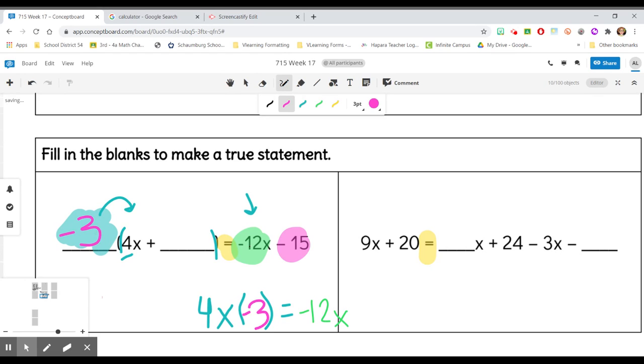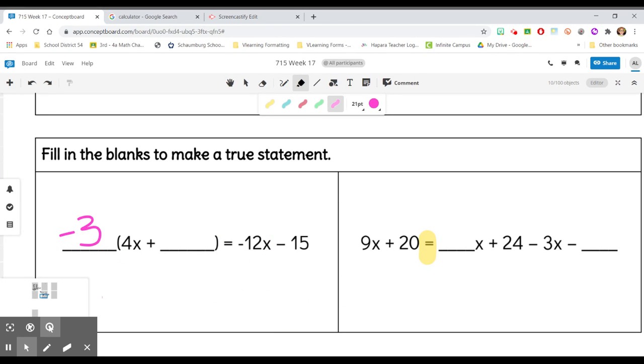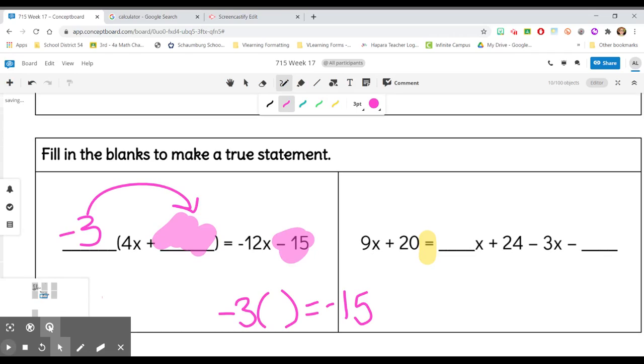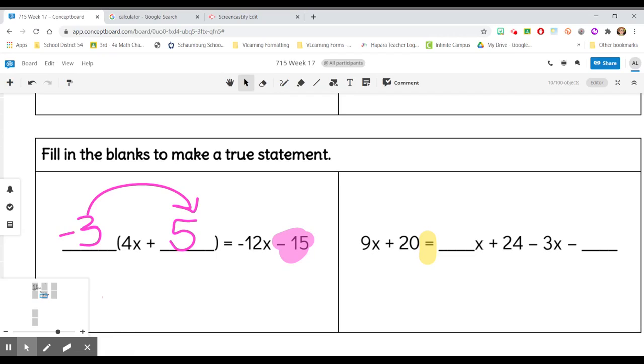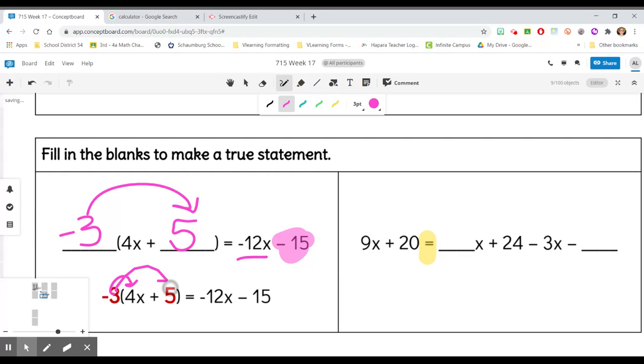Okay, getting closer. Now I have to fill in this blank here. What can go there if I want to get a product of negative 15? I know it has to be positive because a negative times a positive gives me negative. Oh, I know. Positive 5. That works. Yep, works out. Let's do the next one.